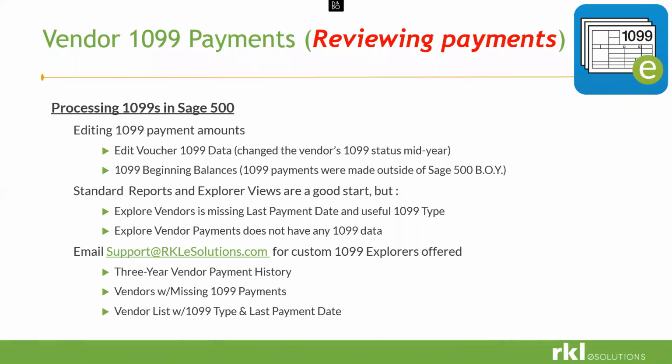And those are probably enough if you don't have a lot of vendor payments to review or feel like everything's real under control. For people who have decided that they need to do a much more thorough review, we also have built some, and RKL can supply you with, like a couple $100, not a big deal. Some custom 1099 explorers, like we have one that shows for every vendor.